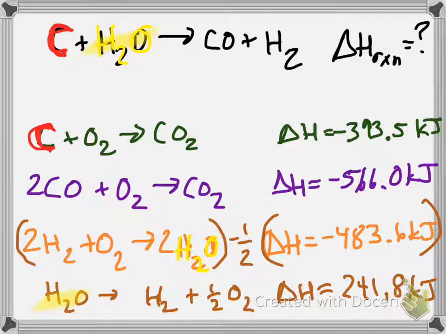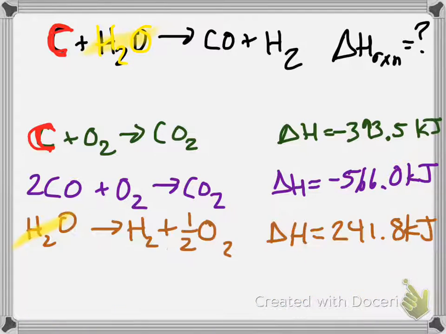I have just multiplied the negative 483.6 by negative 1/2 because we're doing the reverse reaction and we have half the amount of moles. Okay, so we've done our carbon and we've done our water. I'm just going to erase that orange one and rewrite what we have with the brown one. Okay, so let's see what we have.